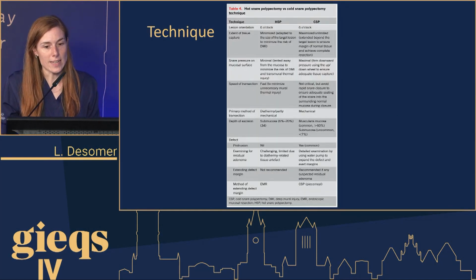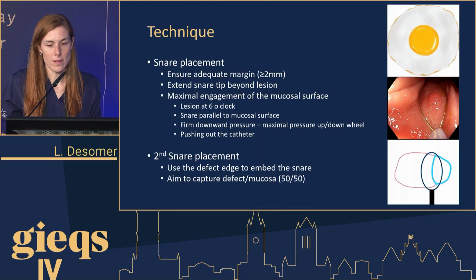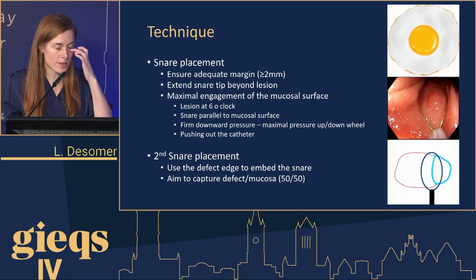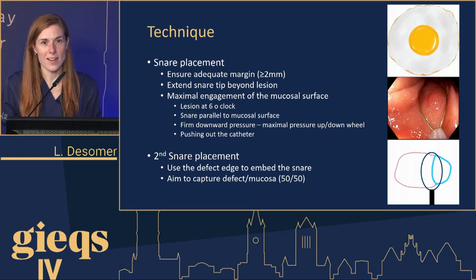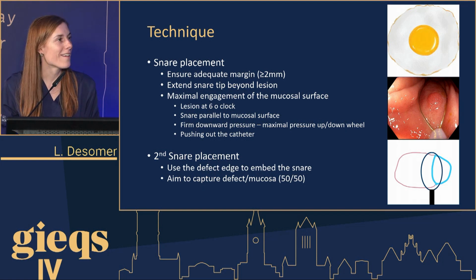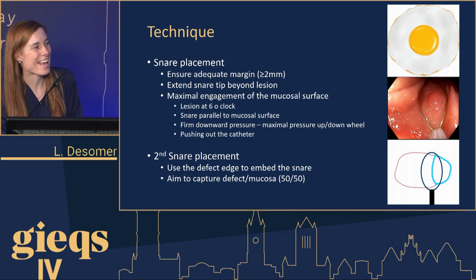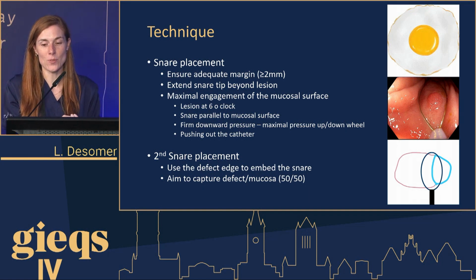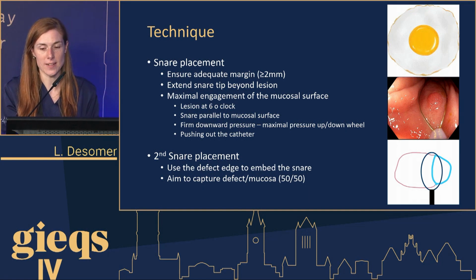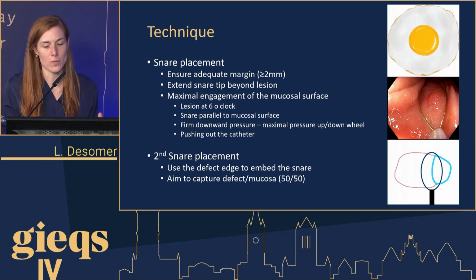The technique has been described beautifully in the study by Burke, I thought, the Van Hattem study. Basically, David came up with this fried egg image, and I think we can all remember a fried egg. We want our polyp to be the yolk in the middle, with a nice rim of normal around it.